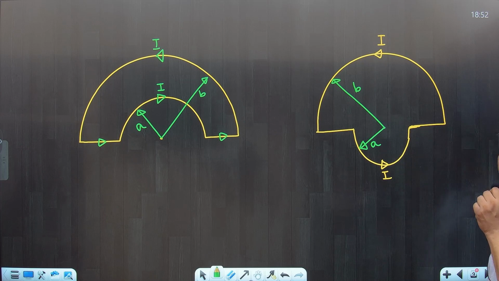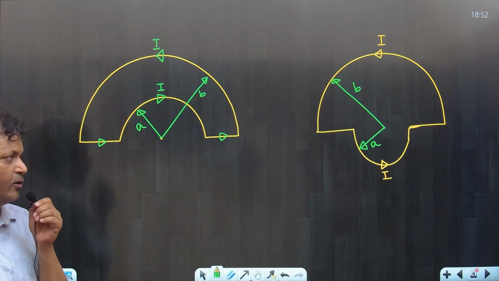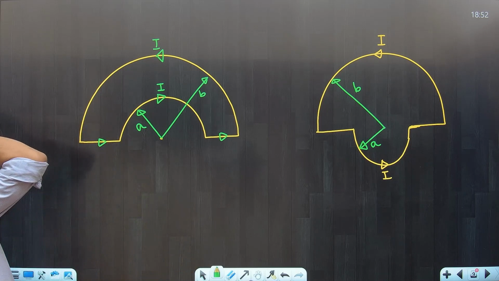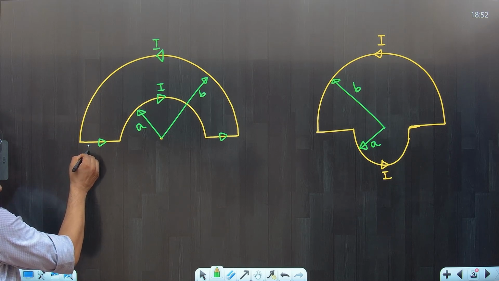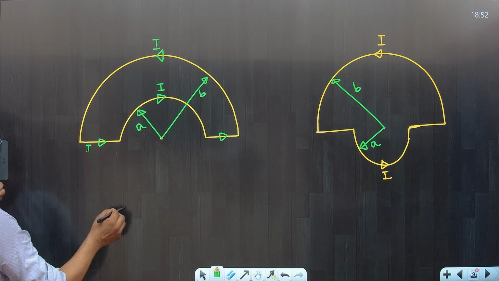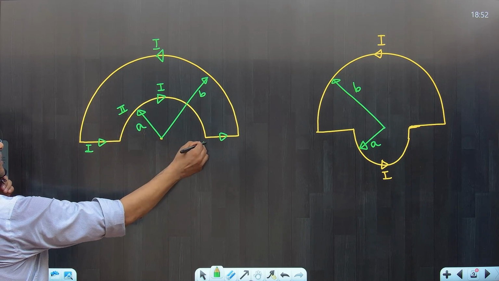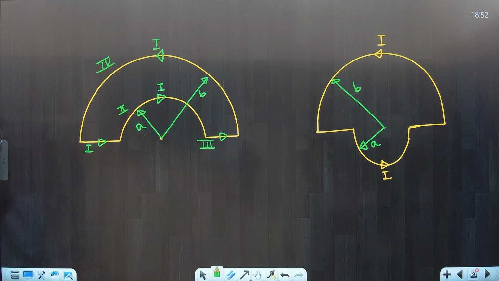Now we want to calculate magnetic field in these two cases, right? Now first I will consider this case. This conductor has 4 parts: part 1, part 2, part 3 and part 4, right?